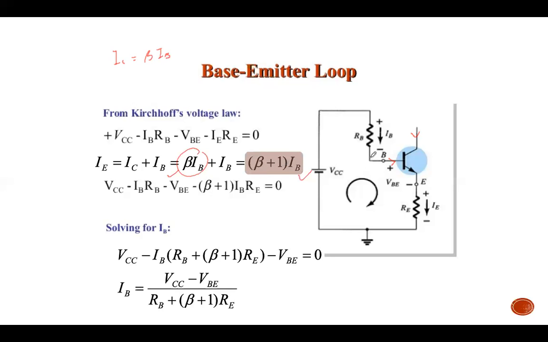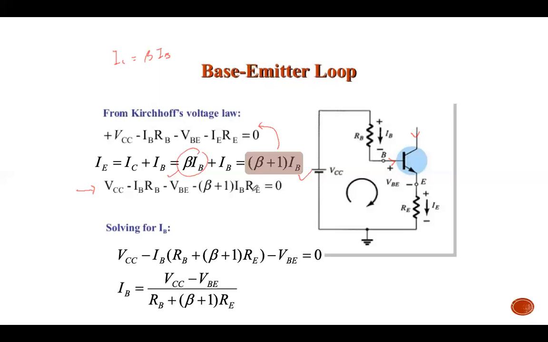So IE for this circuit is beta plus 1 multiplied by IB. Then you put this into the previous equation, and you will get VCC minus IBRB minus VBE minus beta plus 1 IBRE equals 0.